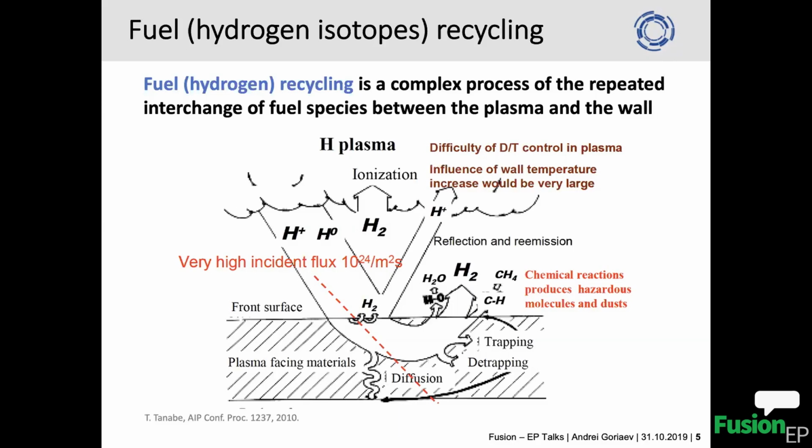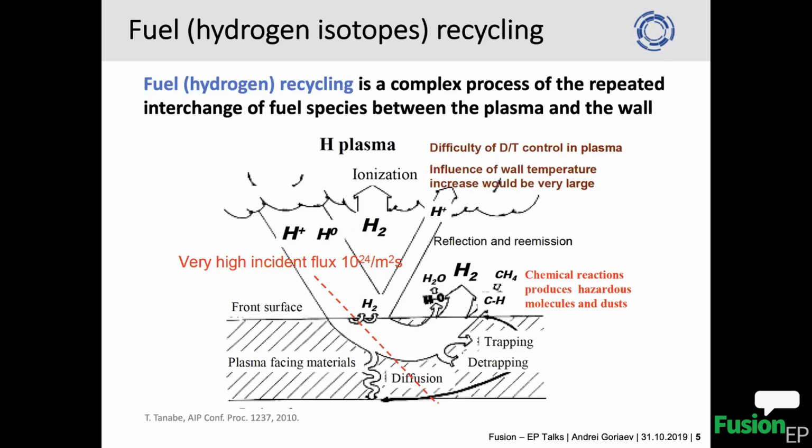Because of this recycling problem, we also have so-called wall fueling and wall pumping, depending on plasma-facing components again. You have a standard reservoir in your plasma-facing components, and if it's fresh, let's say, and not contaminated by any other species, it can pump your fuel out. It's called trapping mostly.